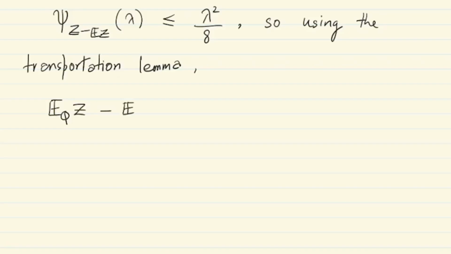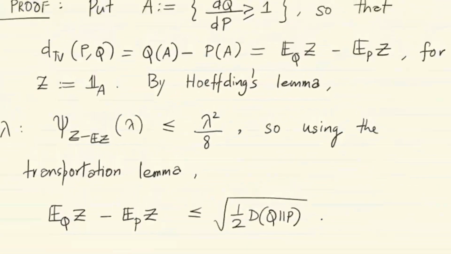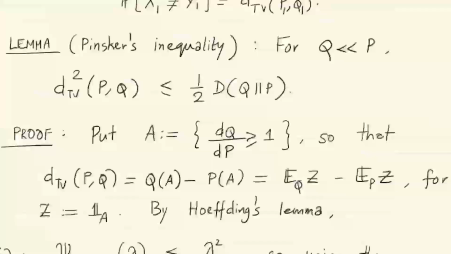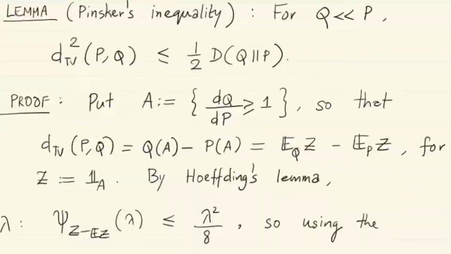This by the way holds for all lambda. So it follows that E_Q[Z] minus E_P[Z] must be at most the square root of half D(q||p). Okay, and that finishes the lemma, because E_Q[Z] minus E_P[Z] is exactly the total variation distance between P and Q. So the base case is done, which is the familiar Pinsker inequality that helps us control total variation distance in terms of the KL divergence.